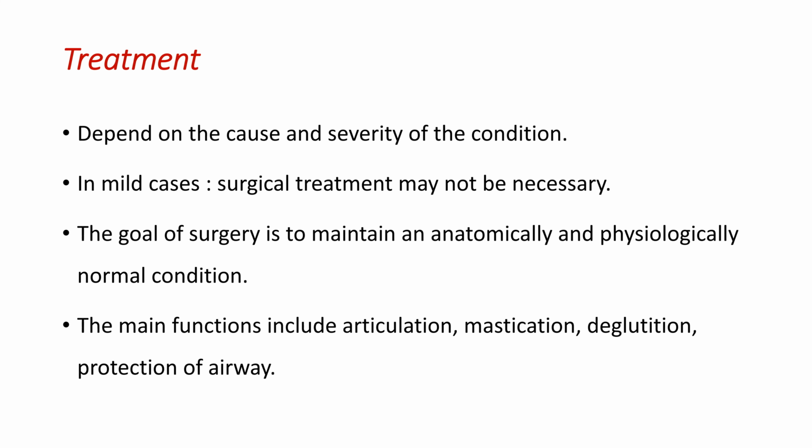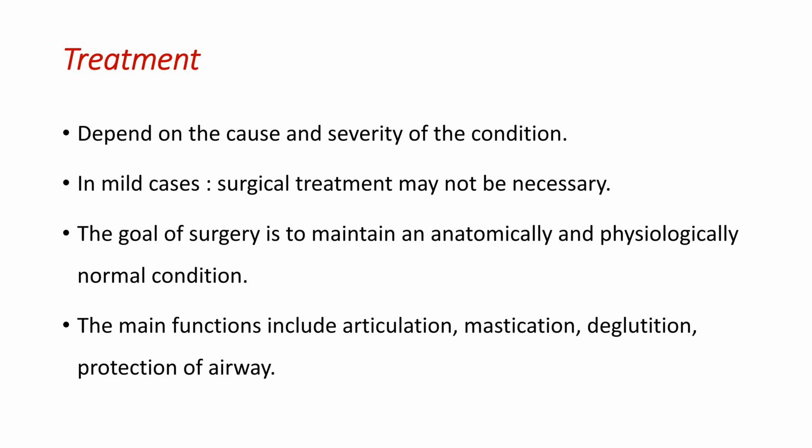Then the treatment plan for macroglossia. The treatment depends upon the cause and severity of the condition. In mild cases, surgical treatment may not be necessary, and the goal of the surgery is to maintain an anatomically and physiologically normal condition.